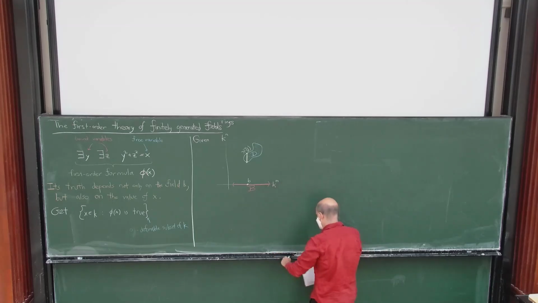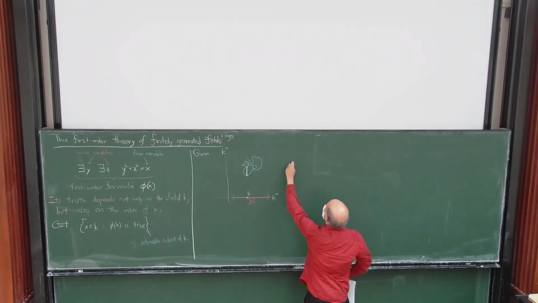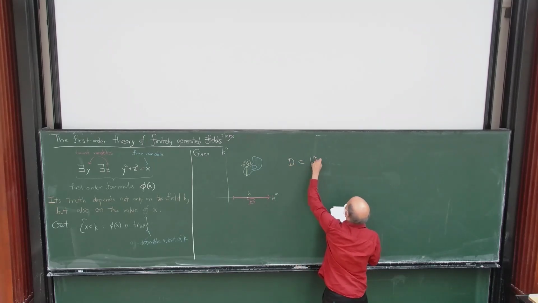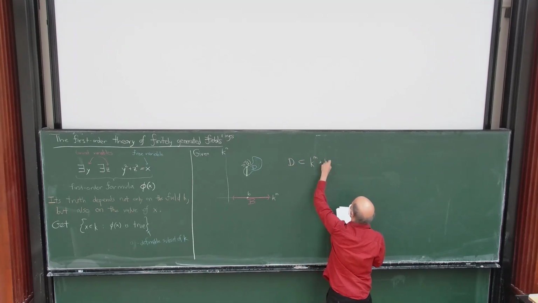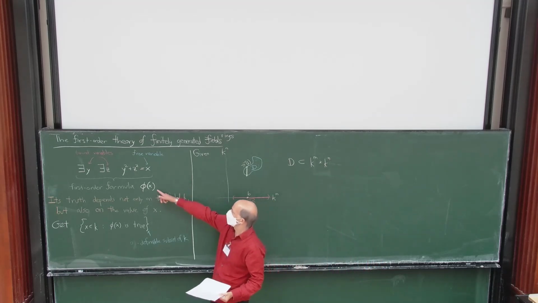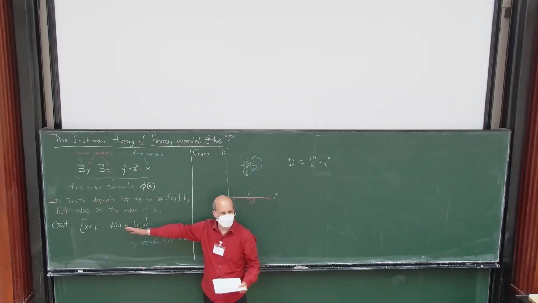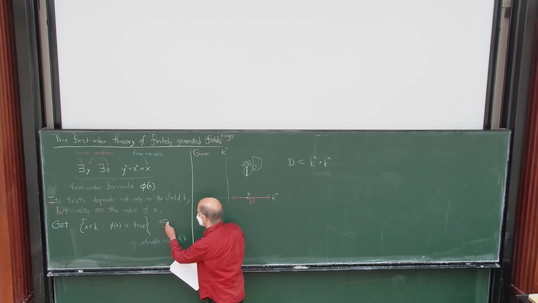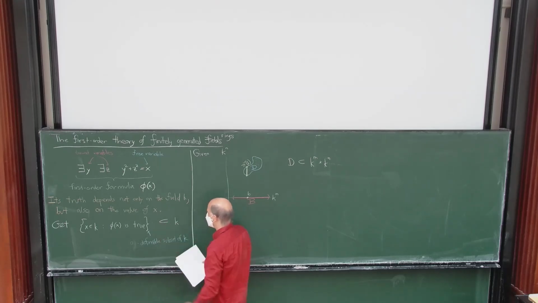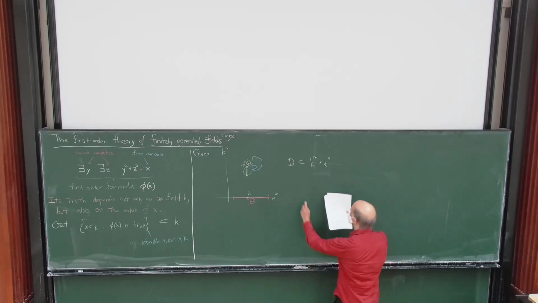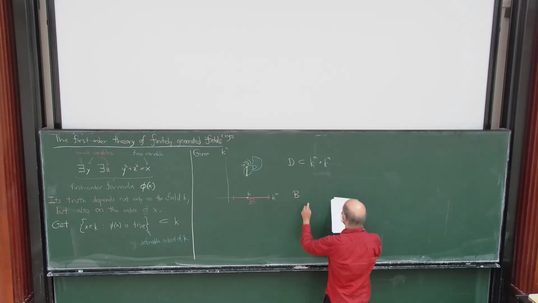So D is a definable subset of k to the m plus n. Maybe I should have said, this is an example where I just had one free variable, but you could also imagine having many free variables, and then you get a subset not of k, but a subset of k to something.